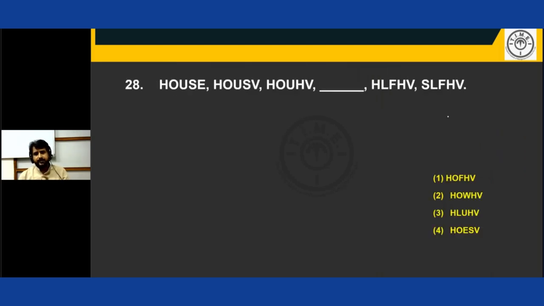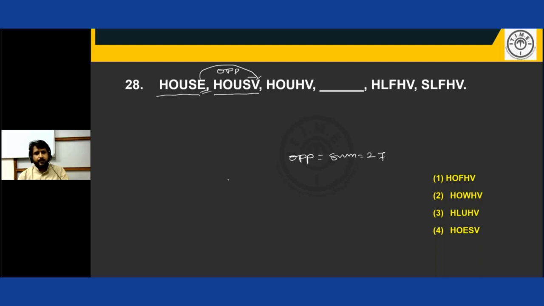Now this is one more pattern they have given recently in SSC. I mean, there will be a change in only one letter at a time, not in all the letters. If you observe, HOUSE, HOUSV, only the last letter changes. What is this letter? The opposite letter. E's opposite letter is V. Opposite letter is nothing but when you take the position values in the English alphabet, the sum will be equal to 27.